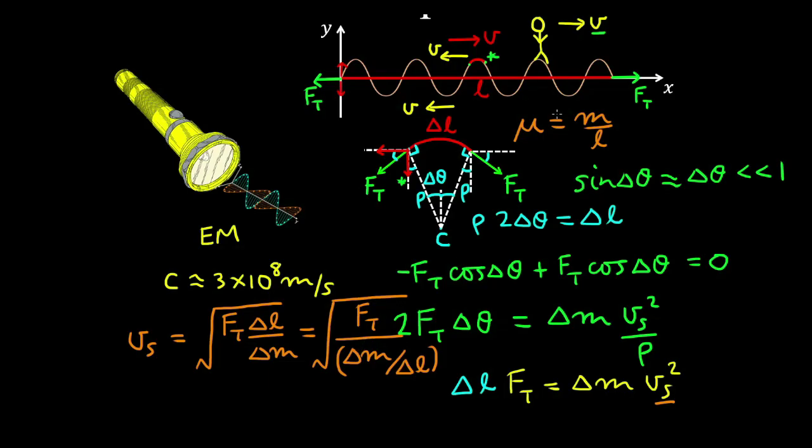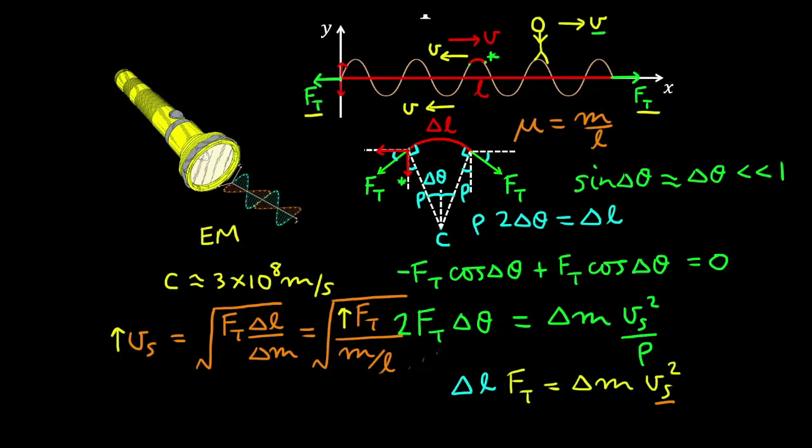So this ratio is equal to m on L, where the mass density is uniform in a string. So we can finally write this expression as m on L. So therefore a higher tension force in a string results in a higher wave speed through the string.